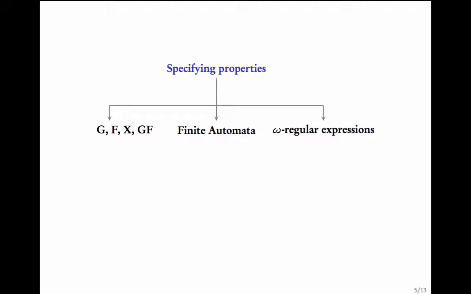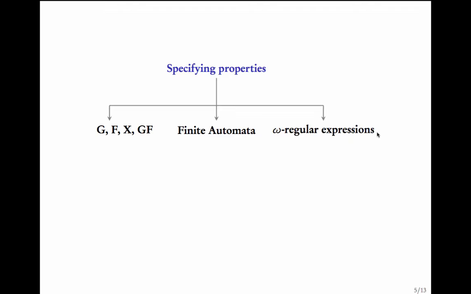Now, for specifying properties, we have seen multiple formalisms. We could either specify using this GF, XGF, etc. We also saw a way of specifying safety properties using finite automata.